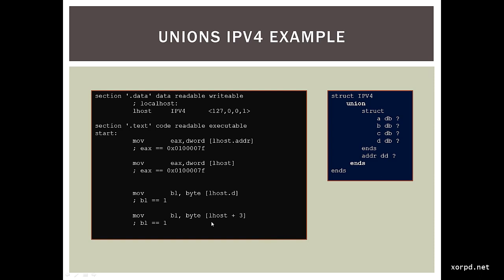We could, for example, read from address lhost plus 3, which is also going to be exactly the location of lhost.d. Those two are exactly the same, lhost.d or lhost plus 3. This one is going to get us the same result, 1.